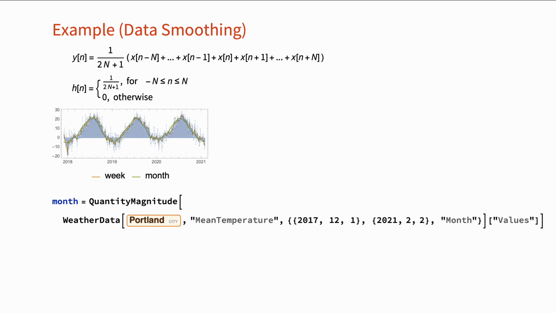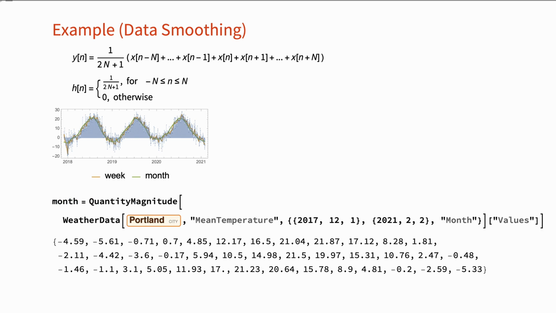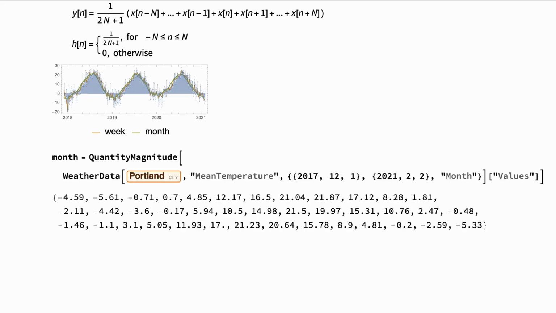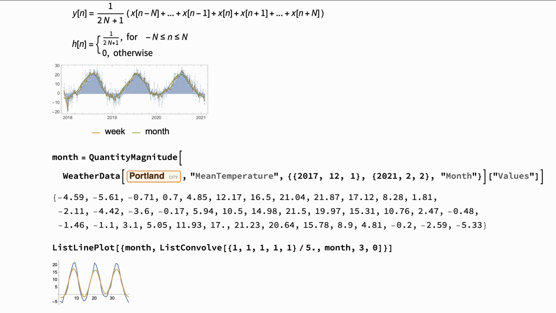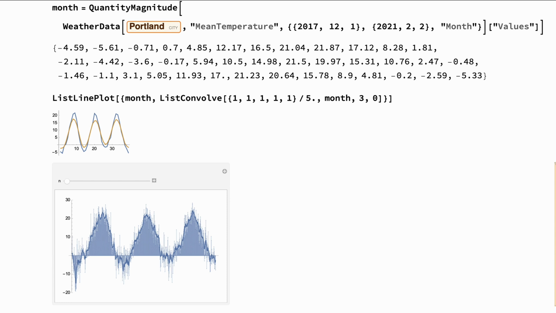If we extract the raw monthly temperature data and smooth the data by convolving it with the moving average filter, a constant sequence basically of length 5, you can see the effect of smoothing in this second plot. And here you can see the same effect for varying values of n, the length of the filter.